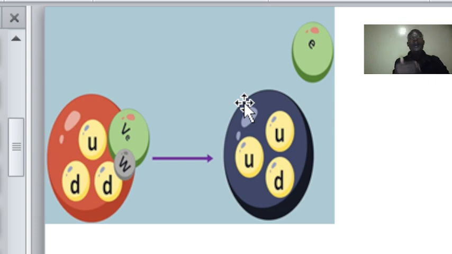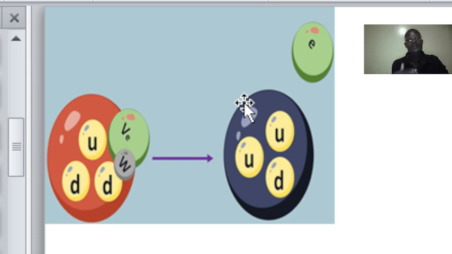Now, how do we realize instability of an element? Chemically, we look at the valence number of electrons. But when it comes to the nuclear aspect, we check the proton-neutron ratio.